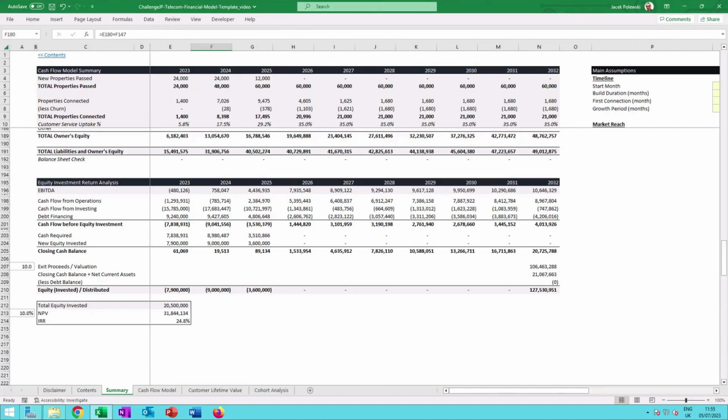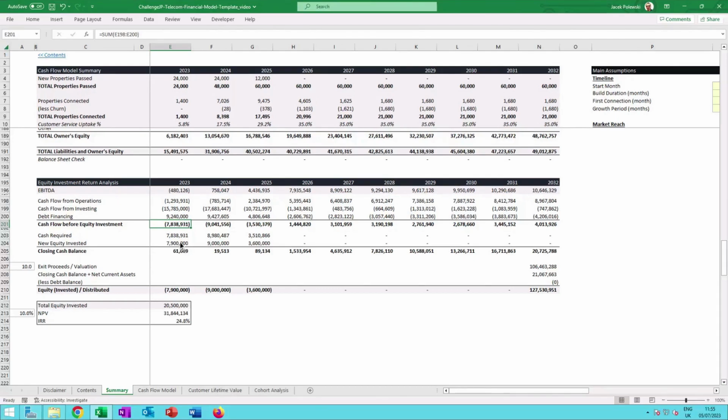Okay, so for example, in here you see that I'm just bringing up your EBITDA, cash flow from operations, investing, and debt financing, which allows you to calculate the cash flow before any equity investment, but post debt financing. Again, remember that we had those debt calculations before.